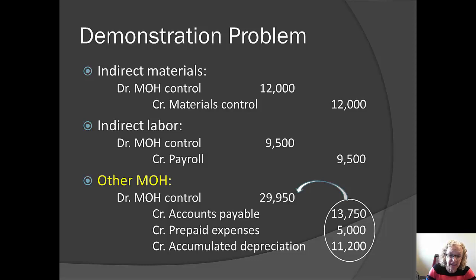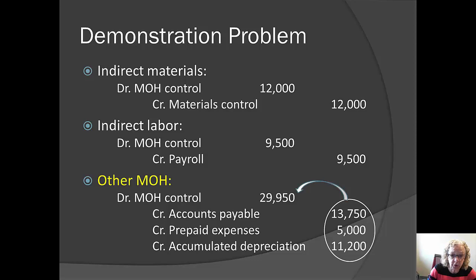Note that this is a significantly different treatment than what you learned in financial accounting. In financial accounting, you were taught that if you had utilities, that would be recognized as utilities expense. And if you had prepaid insurance, that would be recognized as insurance expense. And if you had accumulated depreciation, that would be recognized as depreciation expense.